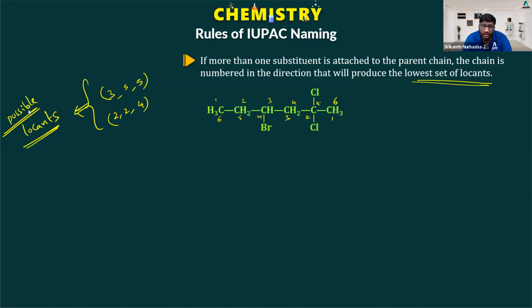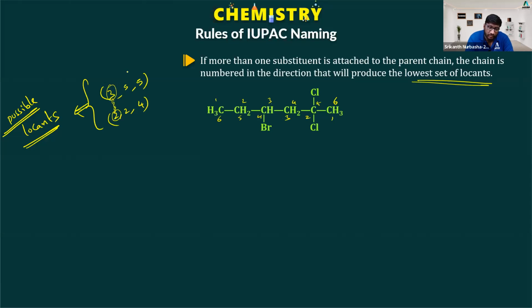First you have to look at only the first point of difference. Here you have 3, 5, 5. Here you have 2, 2, 4. 3 and 2. Here itself you have the difference. This is the first point of difference, between 3 and 2.